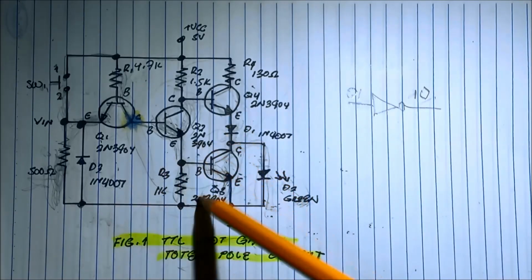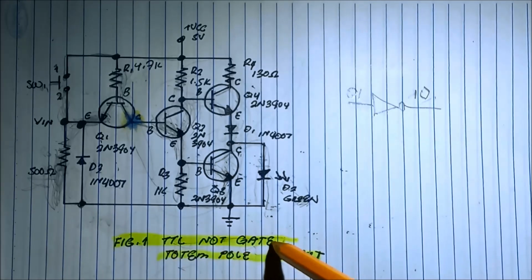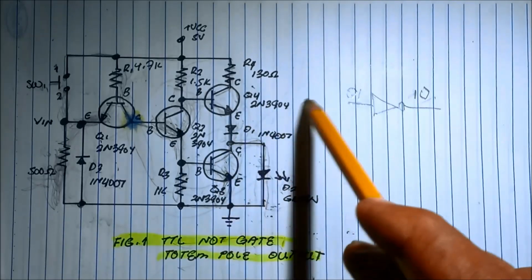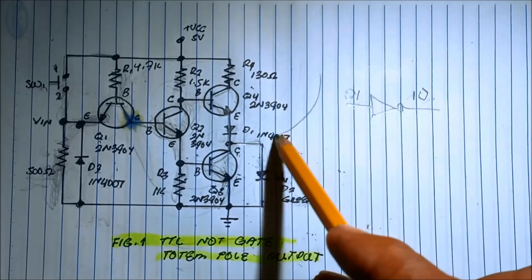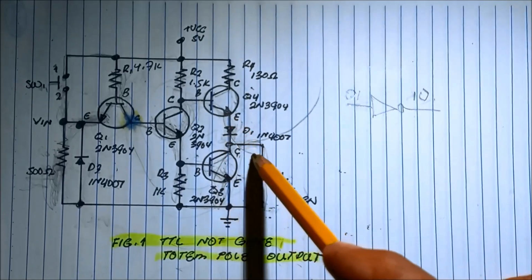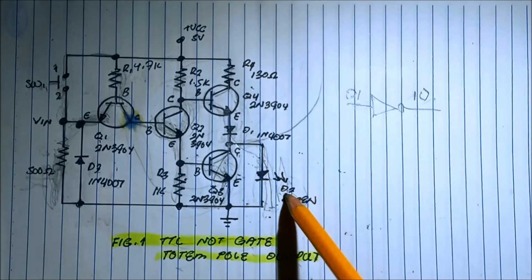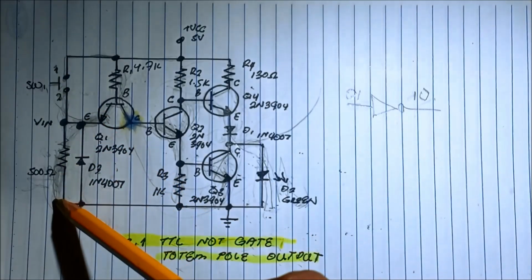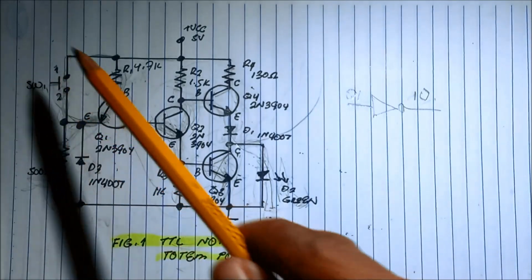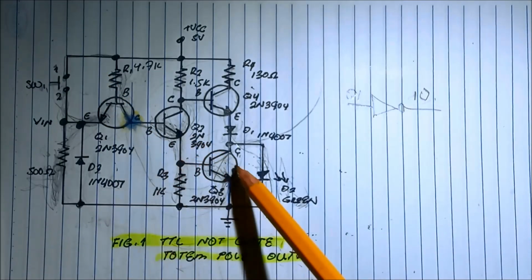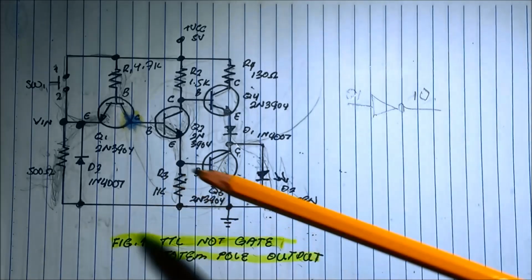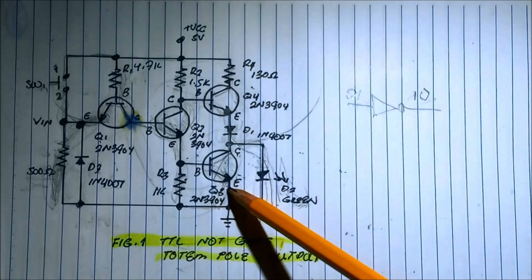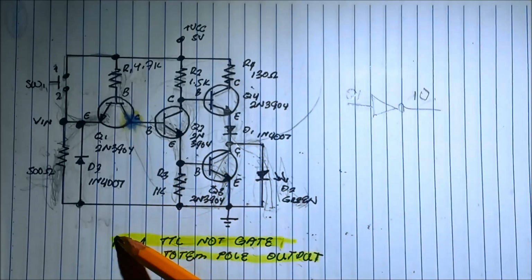Because the purpose of the gate, especially the TTL NOT gate, the function of the gate, when you say it is a gate, it is capable of sourcing current to the output and sinking current to the output. Also into the input, it can source current and sink current, pull down and pull up. So it is used primarily for designing a switch.